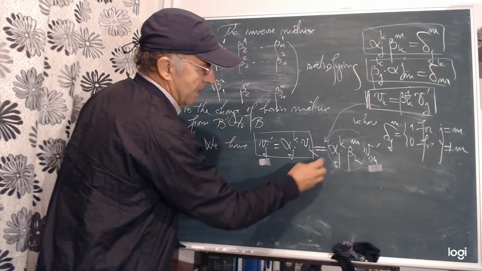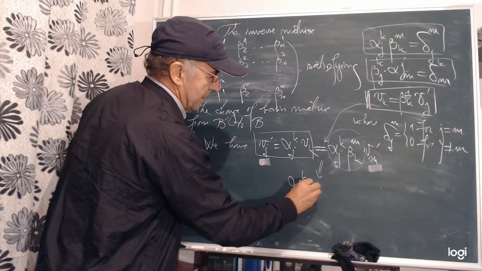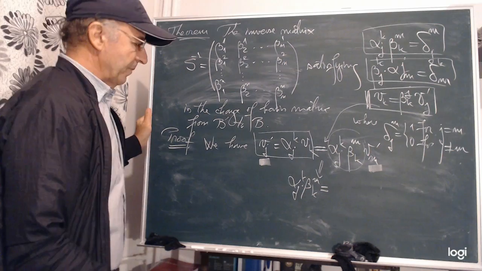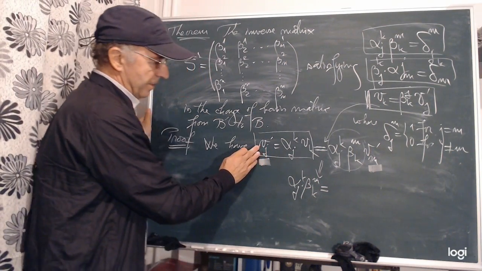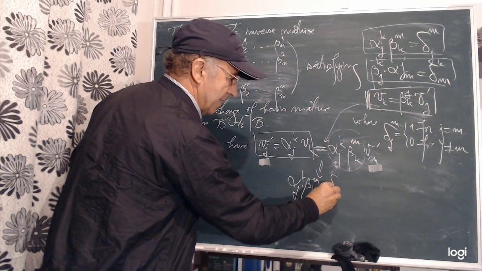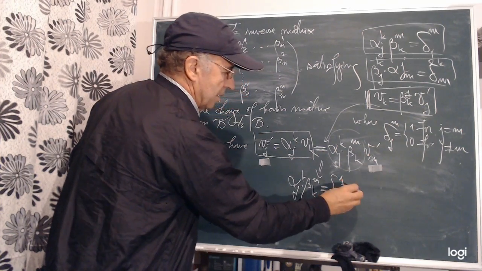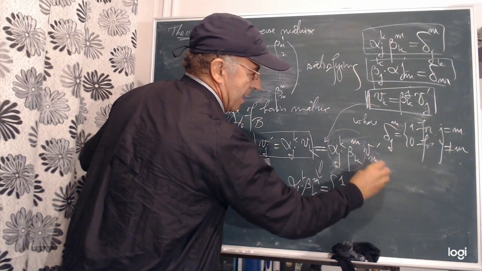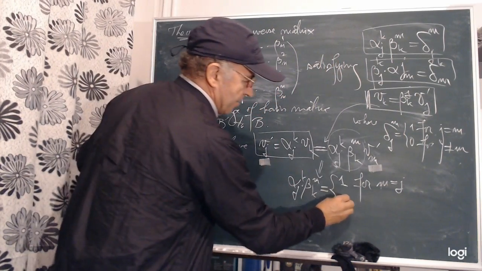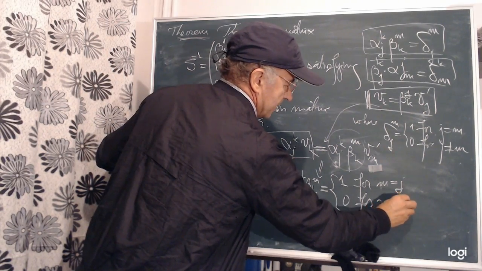So this alpha jk beta km must be 1 for m equals j, and 0 for m different from j.